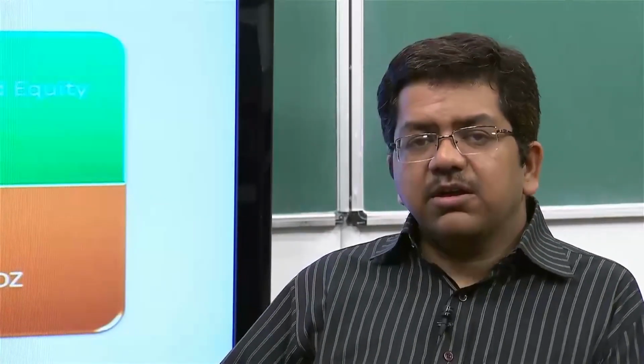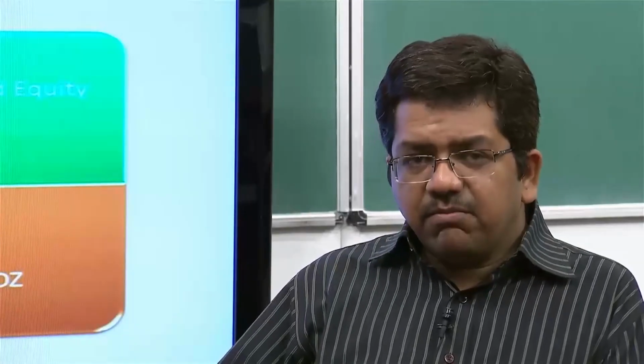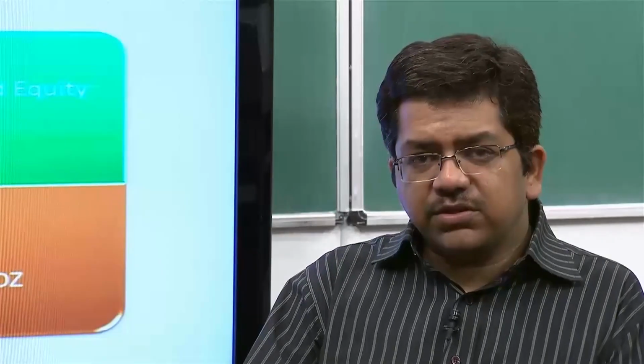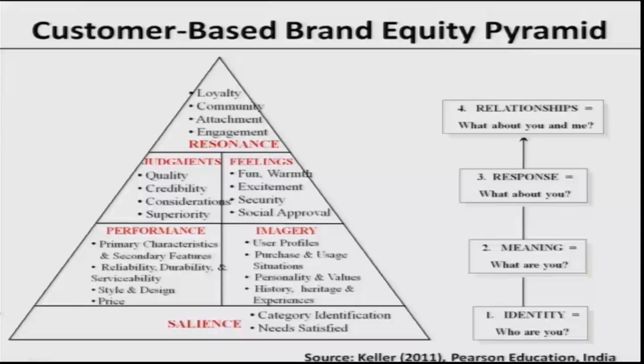Then I started talking about the brand equity models, and looked into the first model, which was the brand resonance model, and how brand equity gets built at the consumer end. In the brand resonance model, there are 4 stages of brand building. It starts with answering the customer: who are you, so what is the identity of the brand.